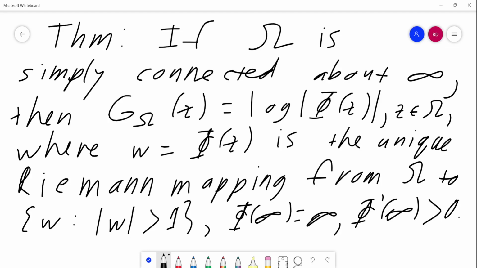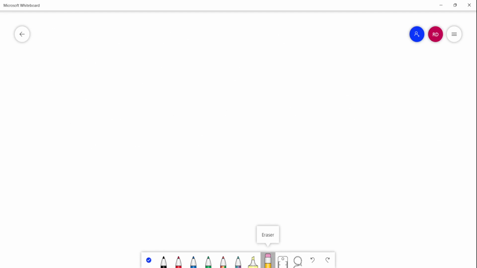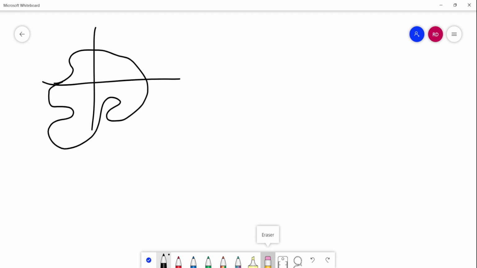So screenshot that if you need to. I need more space, so I'm going to move on to something else. To illustrate what we're talking about, let's draw some pictures here. So here's an E with two little holes in it. Omega is out here, simply connected.